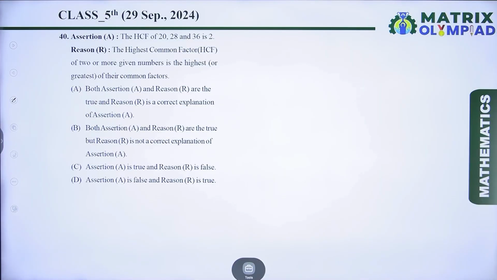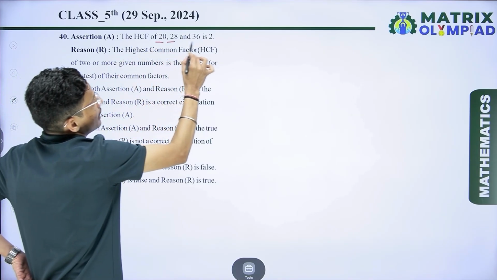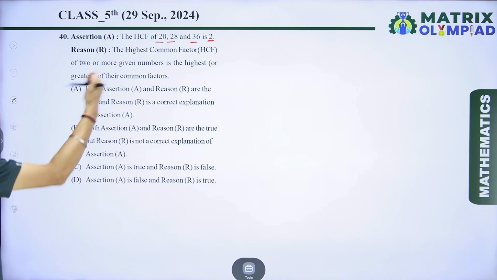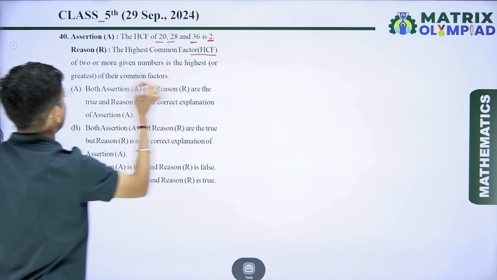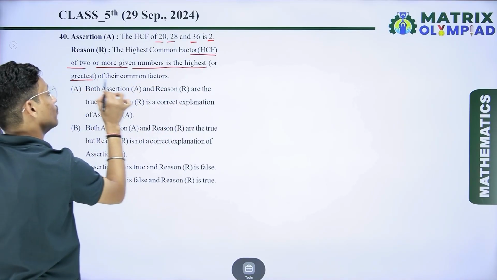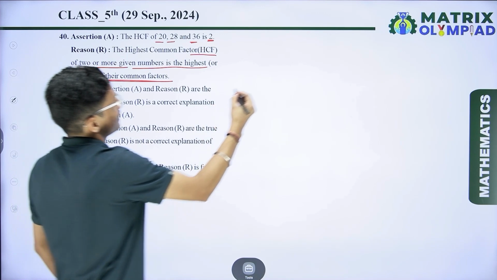Now if I talk about next question, the HCF of 20, 28 and 36 is 2, and reason is the highest common factor of 2 or more given number is the highest of their common factors. So next, first we find the HCF.